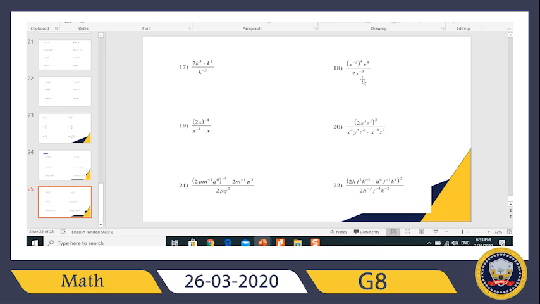Here I have x power negative 8 over x power negative 3. In dividing having the same base, I subtract the powers, as if I'm saying negative 8 minus negative 3. x power negative 8 minus negative 3.